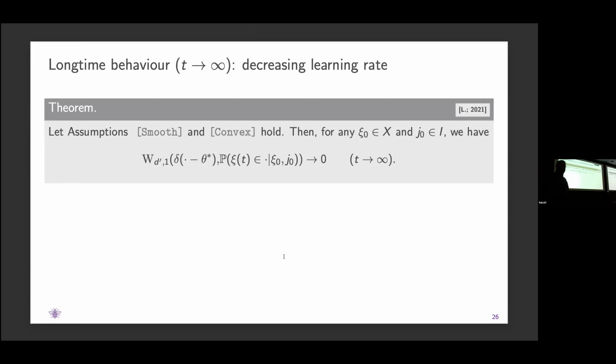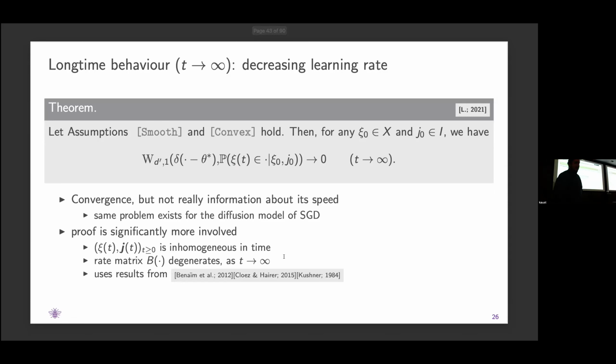If we decrease the learning rate over time, we do see convergence to the minimizer, which is great. We don't get a rate though; the rate is gone. This seems to have to do with the setting: these are all so-called PDMPs, piecewise deterministic Markov processes, and the analysis with exploding underlying jump processes has not gone very far.